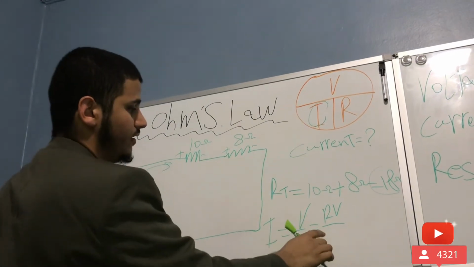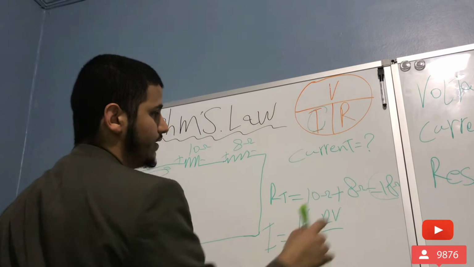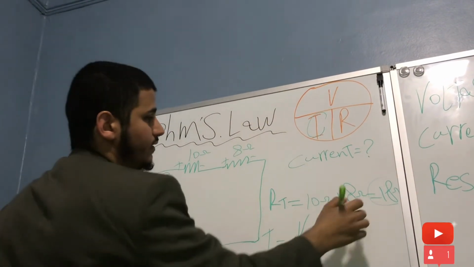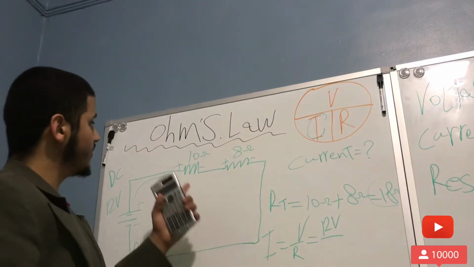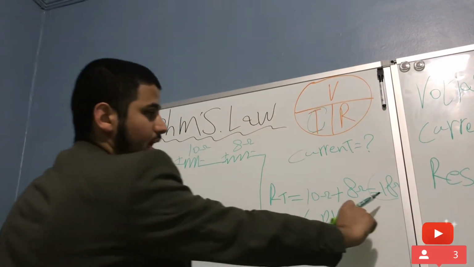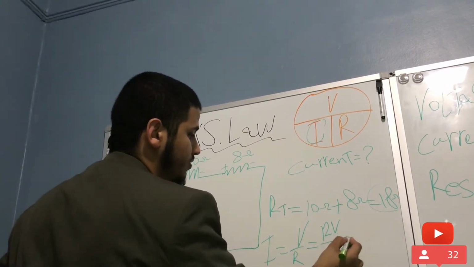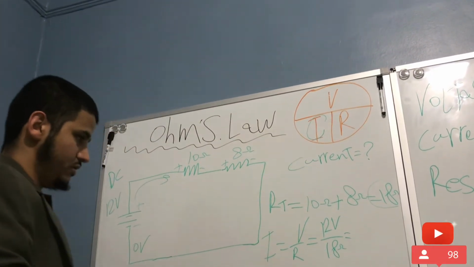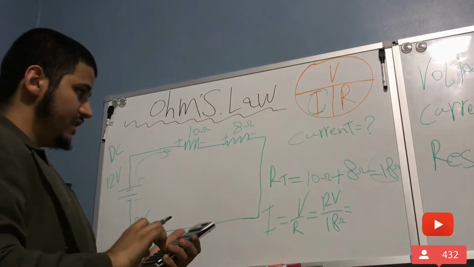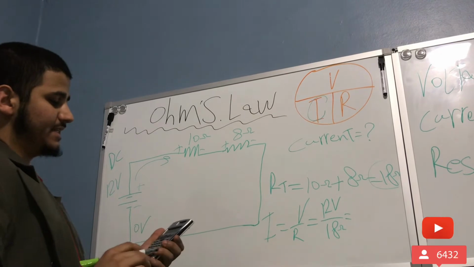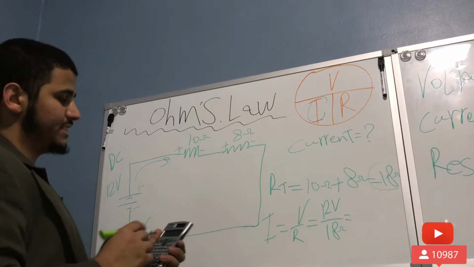How many ohms? 18, the total of 10 plus 8. Don't be confused, 10 plus 8 is 18. What's the current here? 12 divided by 18. We get 0.66. We're going to put 0.67.